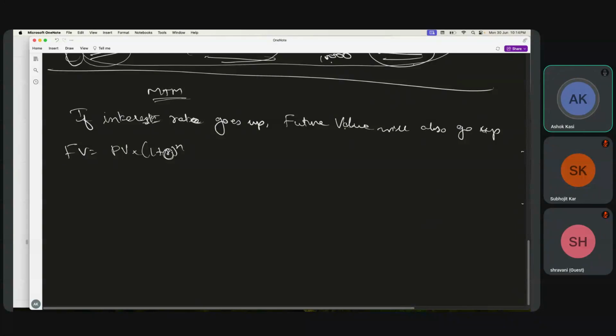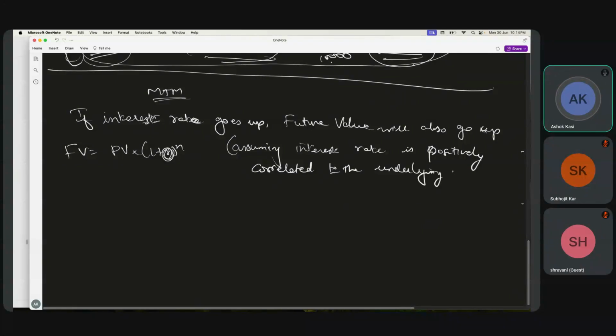If the interest rate goes up, future value will also go up, assuming they are positively correlated, meaning the interest rate is positively correlated to the underlying assets. So that time you should go for the future price, futures instead of forward.